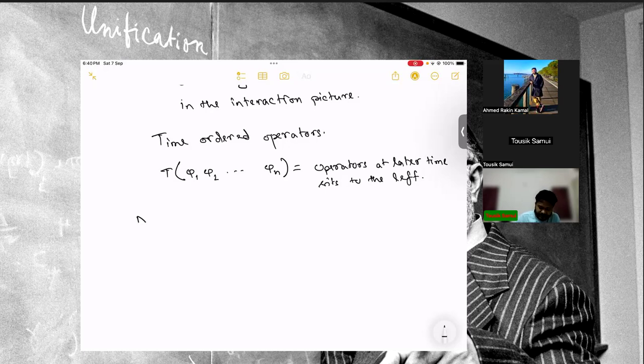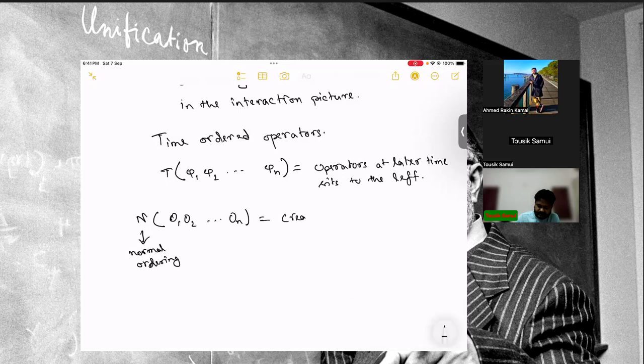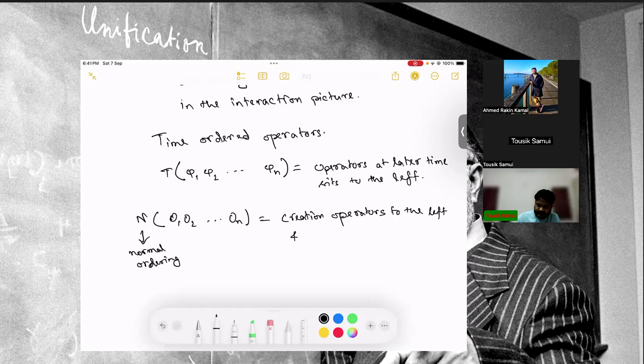By normal ordering, we mean, let's say O1, O2, and On, is basically creation operators to the left, followed by the annihilation operators.